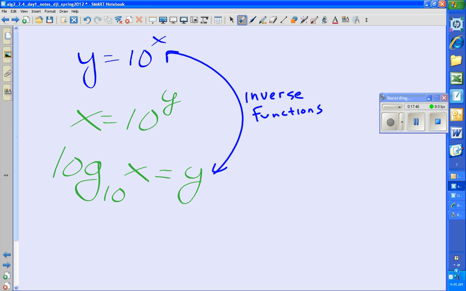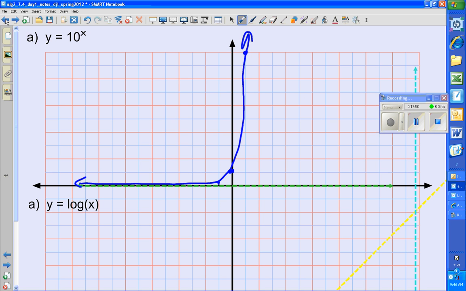Those are inverse functions. So if that's true, if common log of x and 10 to the x are inverse functions, then they should reflect in the line y equals x.